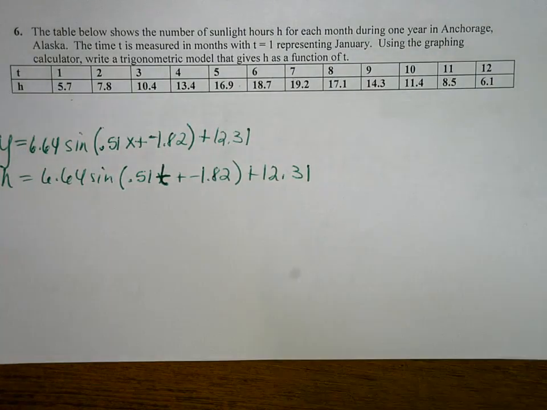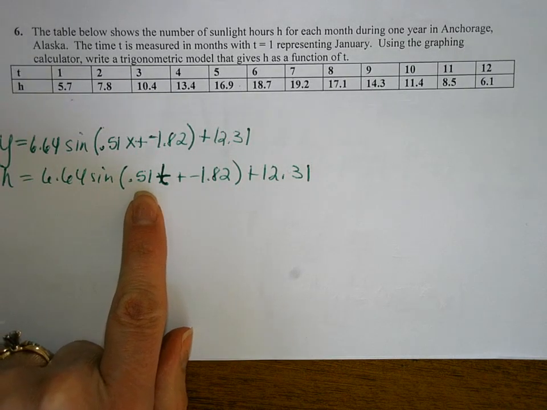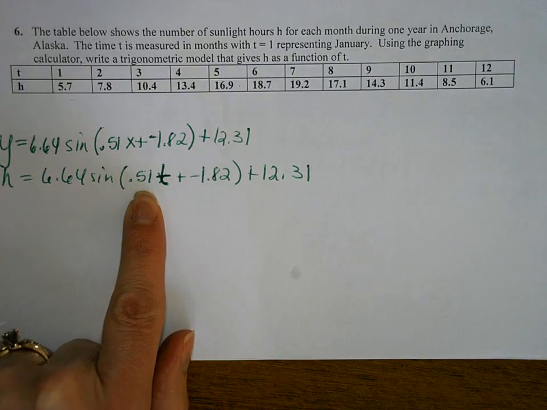Does the graphing calculator display our answer the way that we are used to seeing it? What is different? All right, notice they put the b inside of the parentheses. We do not put the b inside of the parentheses. This is going to really change the situation here.